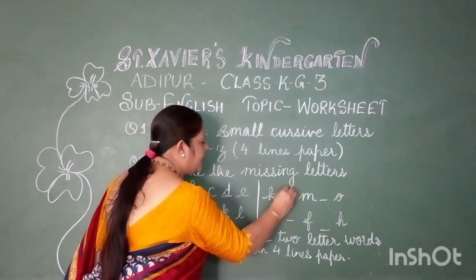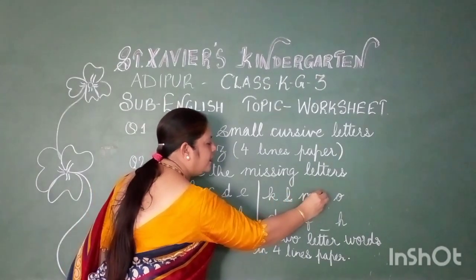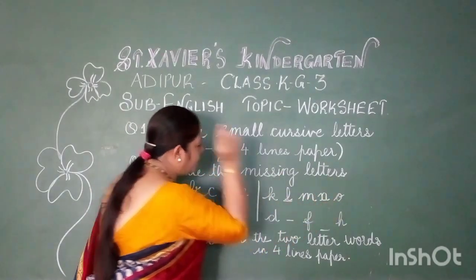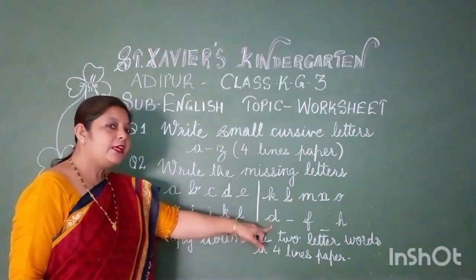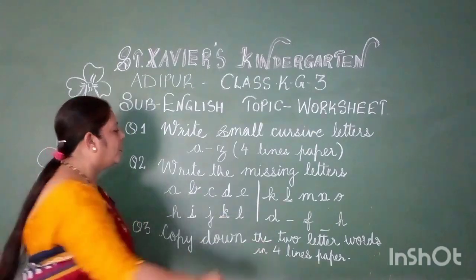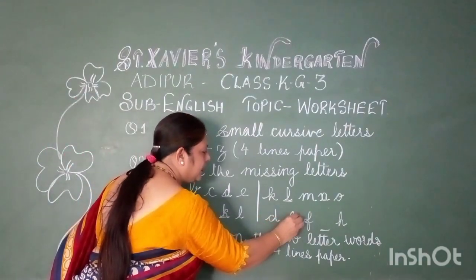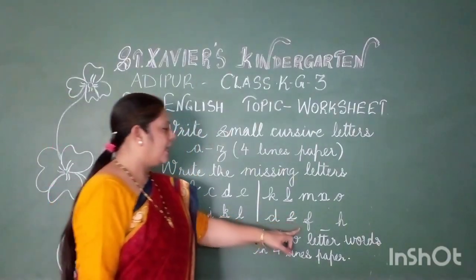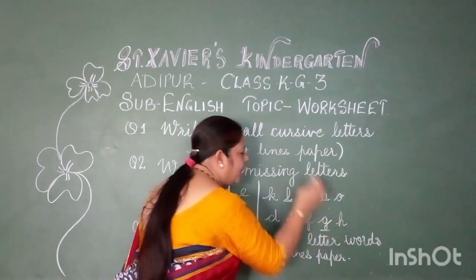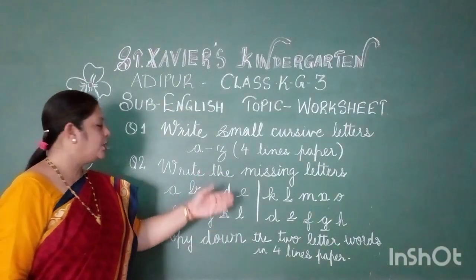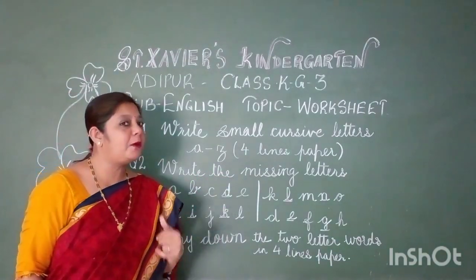It's L. M के बाद N. And O is already there. Now what is here? Who will tell me? Yes, it's D. Then comes E. Okay. F. And G. H is already there. So this way you have to do your question number 2.